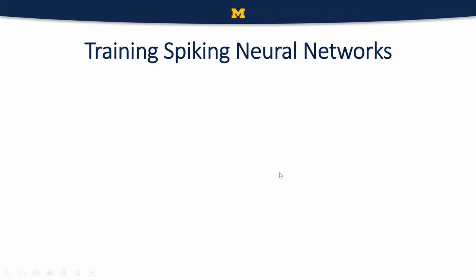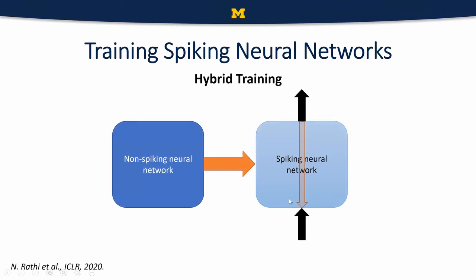Now, one elegant idea merges all of these, and it came out of Kaushik Roy's group and was published at ICLR last year, where they used the shadow training approach, they converted it into a spiking neural net, and in a sense used that as transfer learning.